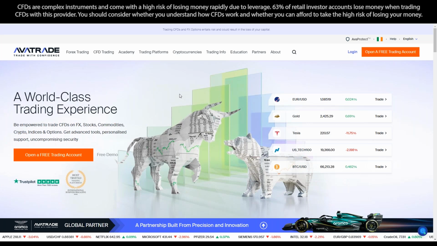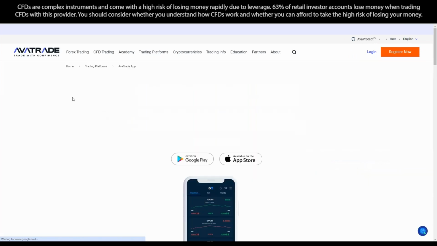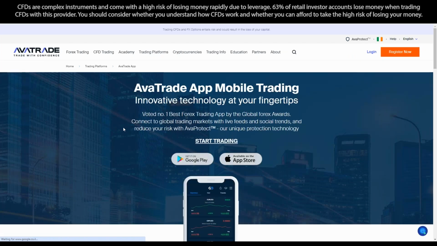So from one location, you can trade on both account types and also live and demo accounts with the advanced tools. Now, if you tend to trade while you're on the go out of the house, you also have all of the same functionalities and advanced tools within AvaTrade's mobile app, which can be found in the major app stores. And you can also, from our website, follow links to the app stores as well.